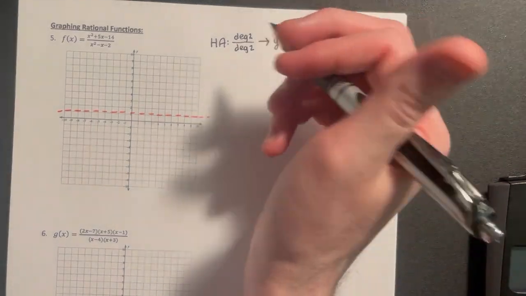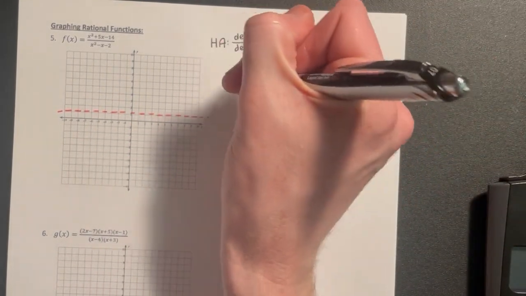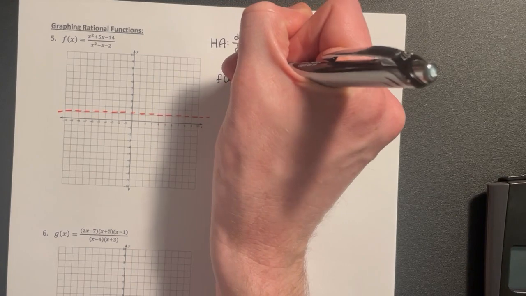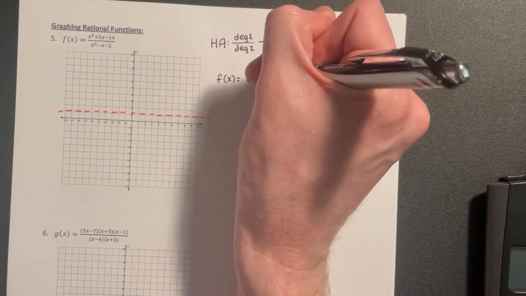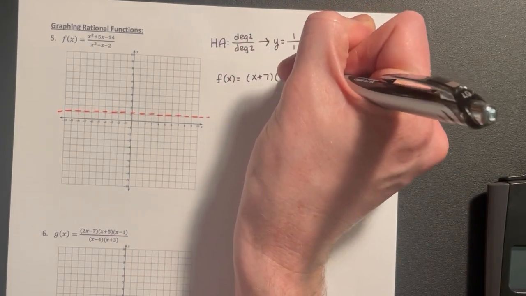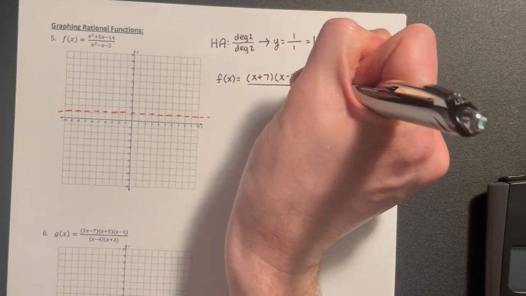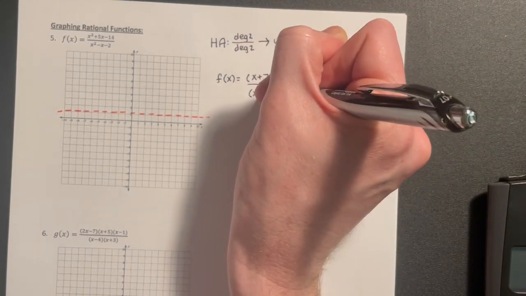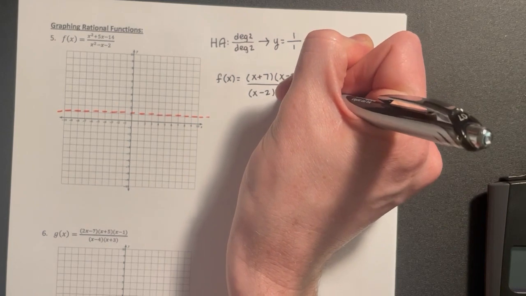And then if I factor this, we have f of x as x plus 7, x minus 2, over x minus 2, x plus 1.